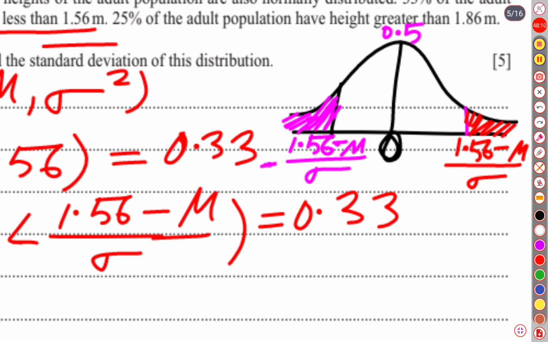The right side one is positive. Otherwise, according to the graph, our probability is the same. Now we will find our corresponding probability.